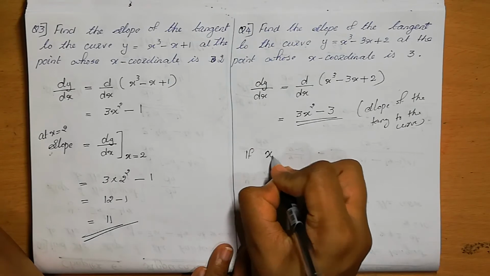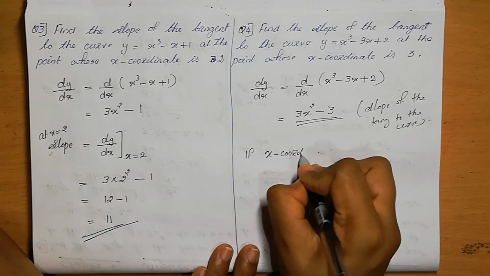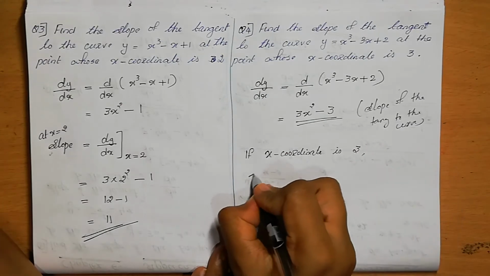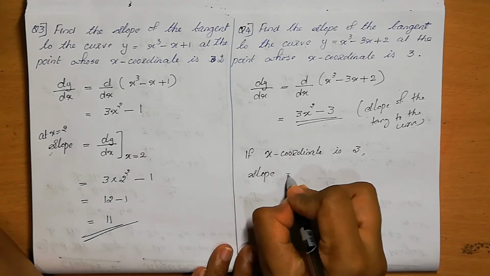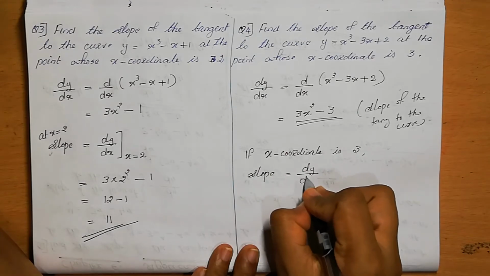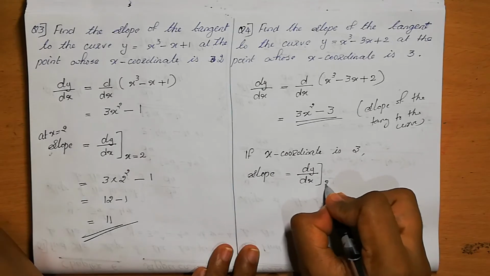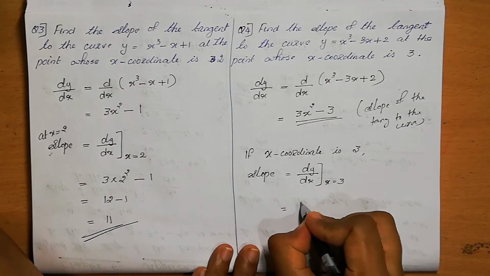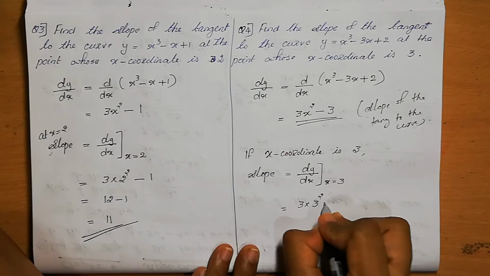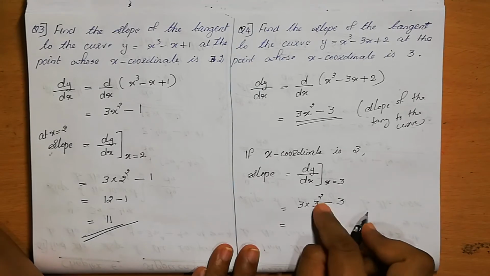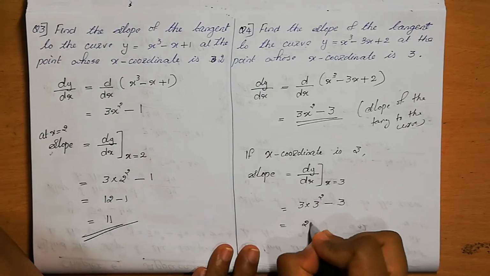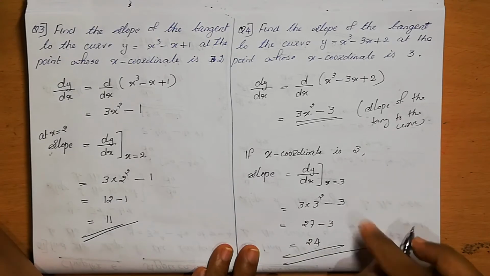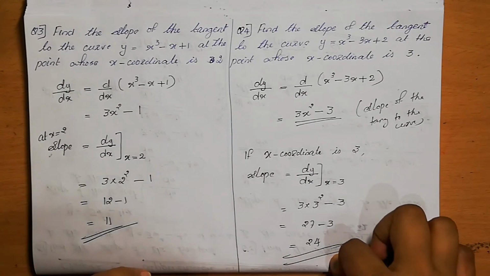If x coordinate is 3, we can write slope is equal to dy by dx at x equal to 3. So instead of x we substitute 3. That means 3 into 3 square minus 3. 3 square is 9. 9 into 3 is 27. 27 minus 3 is 24. So the slope at x equal to 3 is 24.